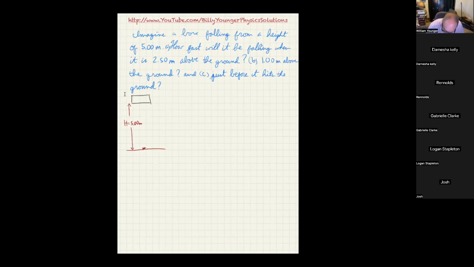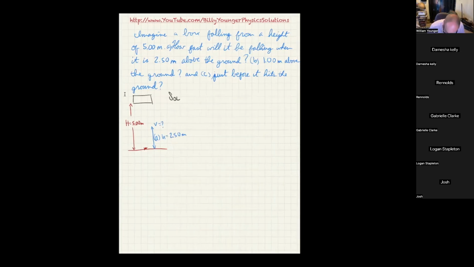What we want to know is when the height is part A, v equals question mark. And then part B or part C. Well, I guess we can see it just close enough. I was going to write out all the details, but that's not really necessary. So let's just go ahead and start.